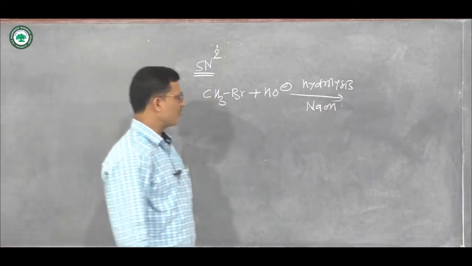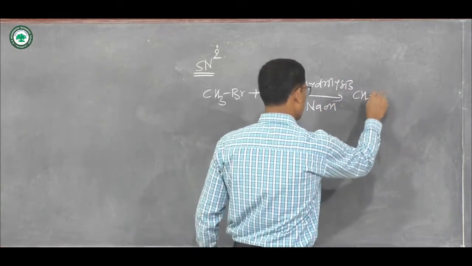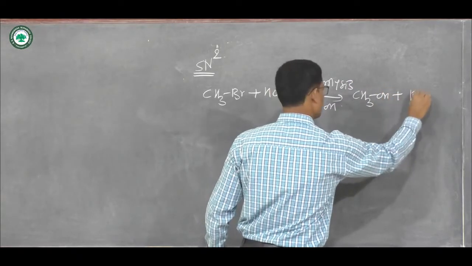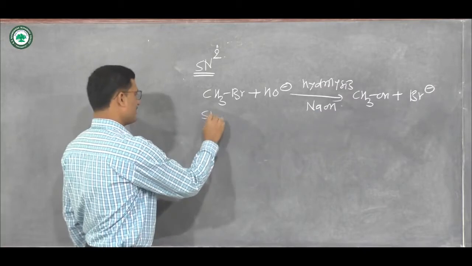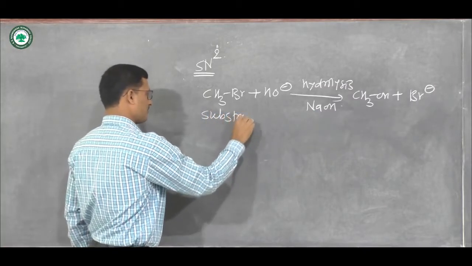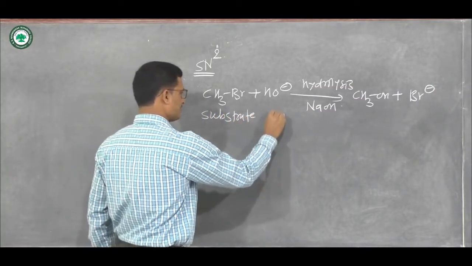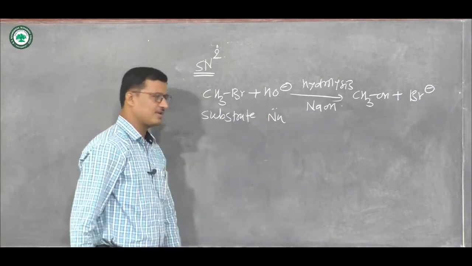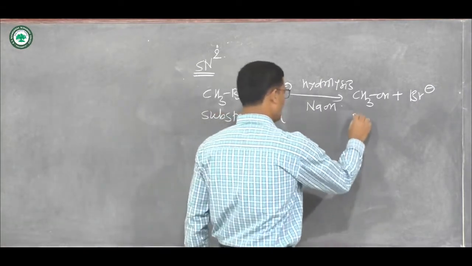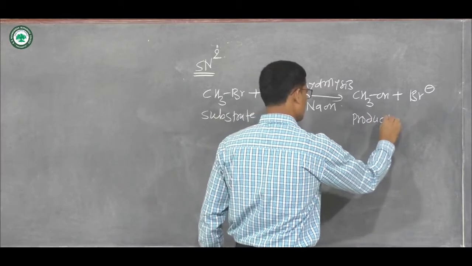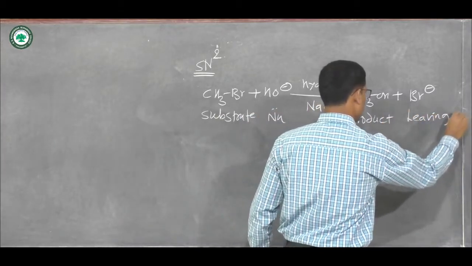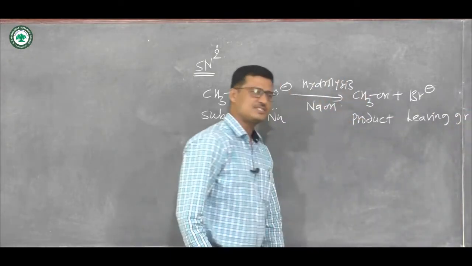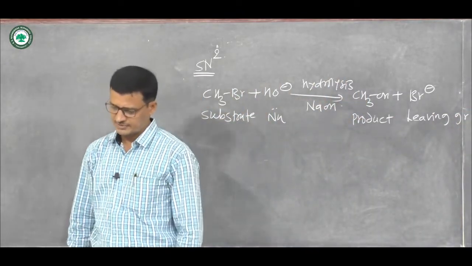What is the product? Methanol is the product, and Br minus is the leaving group. So here we have the substrate, OH minus is the nucleophile, methanol is the product, and Br minus is the leaving group. So this is a simple example of an Sn2 reaction.